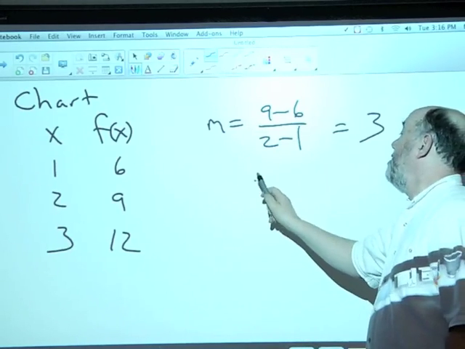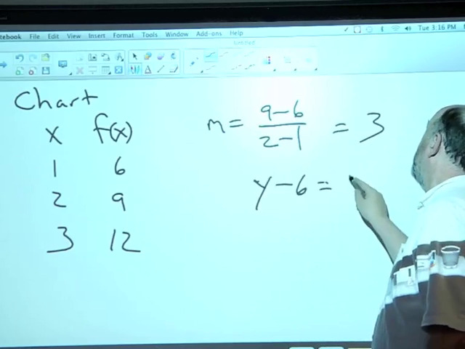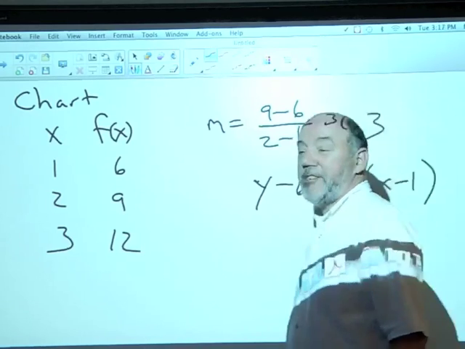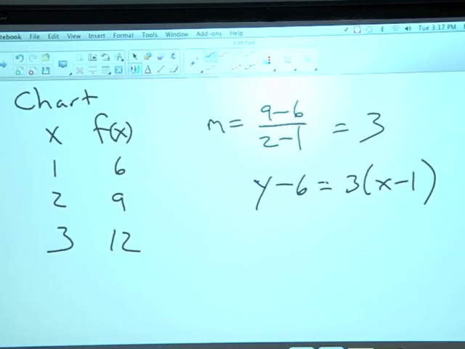So y minus 6 equals 3 times x minus 1. Remember, f of x is your y value, or h of x, or k of x, or whatever it is. And then everybody should be able to take that and rearrange it into the other form. Okay? So you do have something like that in some of the homework.